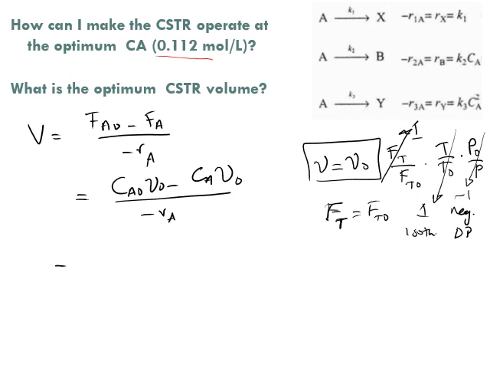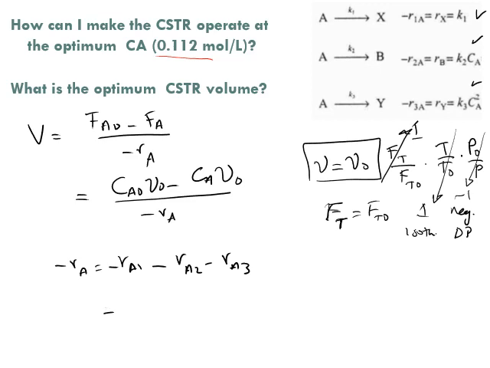Minus RA equals minus RA1, minus RA2, minus RA3. Correct? Which are all given, so no big deal. So you can substitute these equations here.